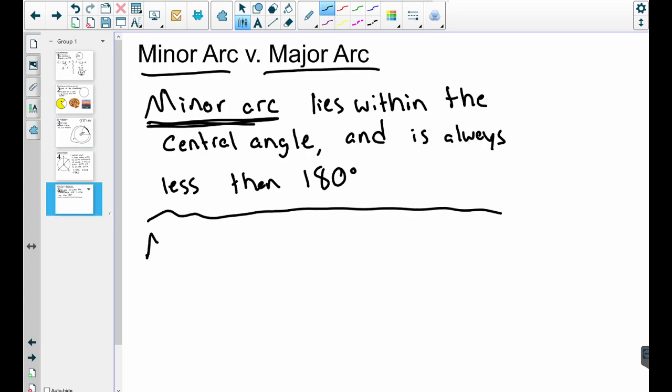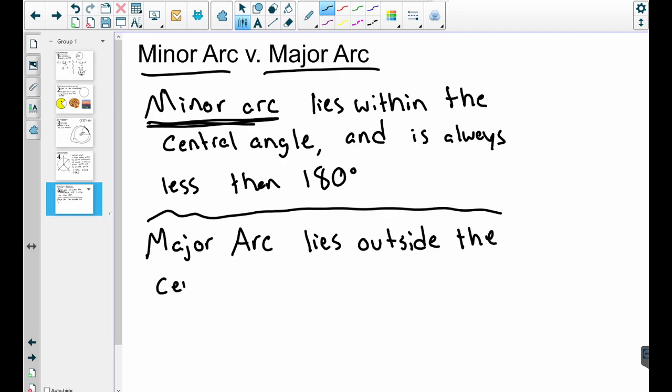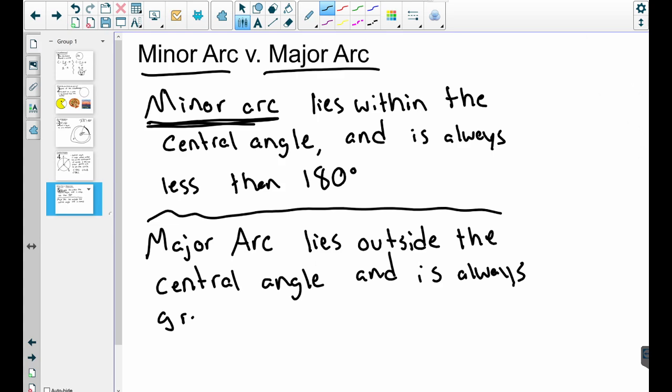We could say that the major arc lies outside the central angle and is always greater than 180 degrees. That is the major arc.